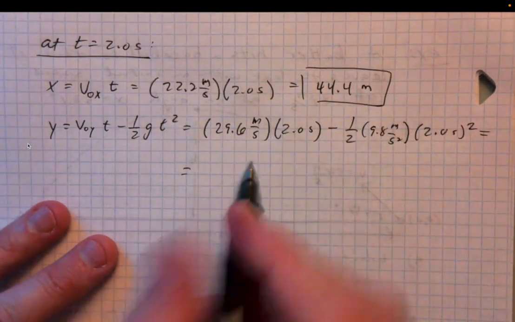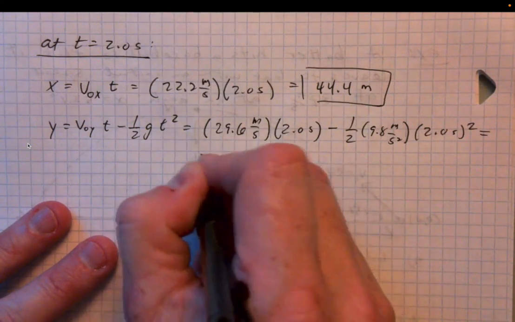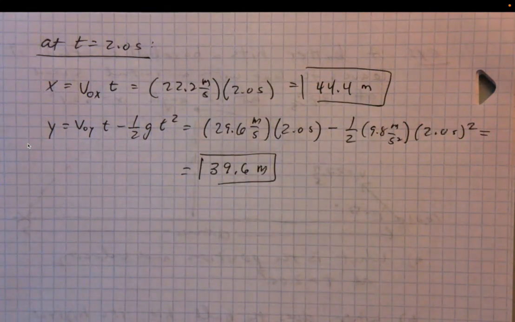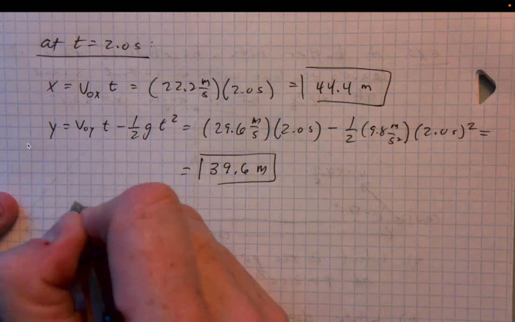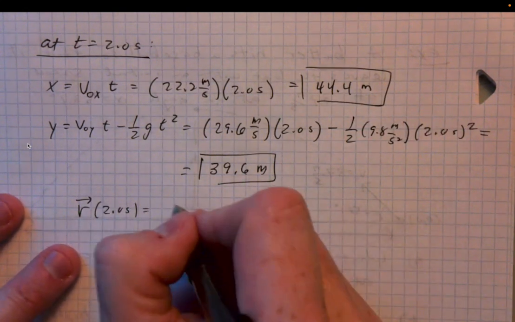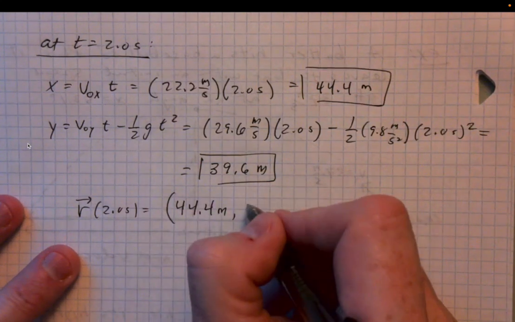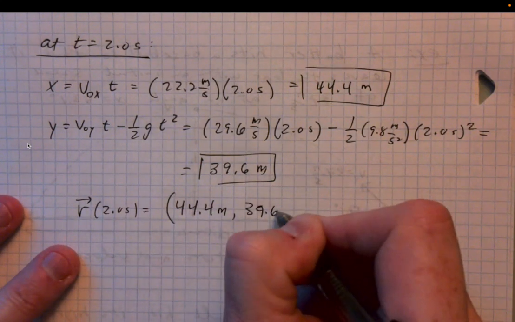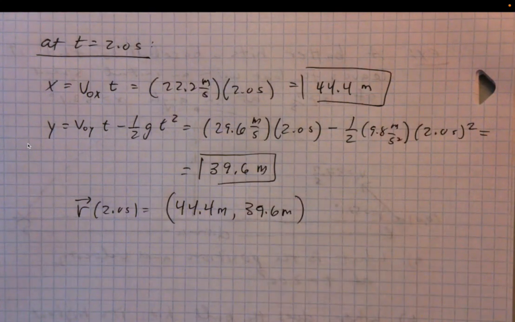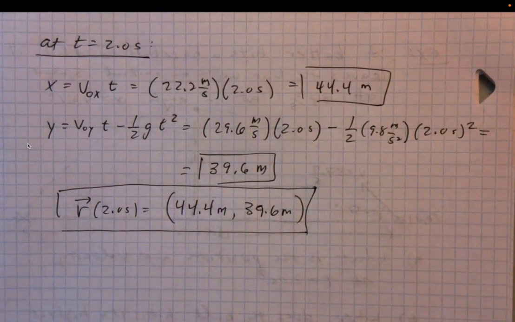And so all of that gets you 39.6 meters. Okay, so the position, so r at 2.0 seconds is 44.4 meters in the x direction and 39.6 meters in the y direction. So that's your position at 2 seconds.